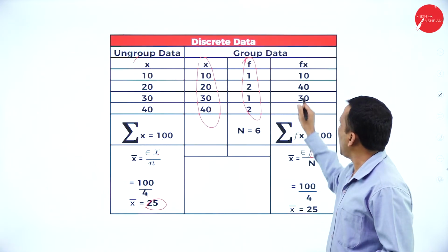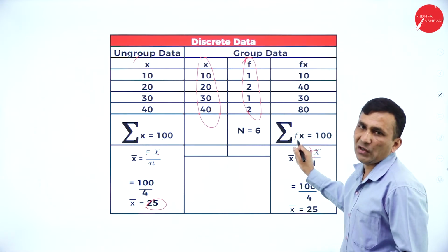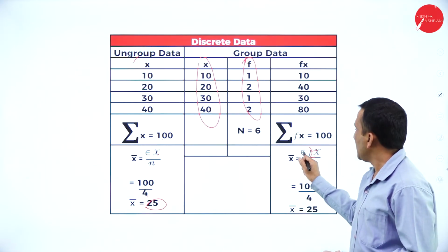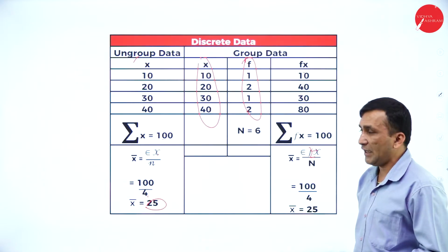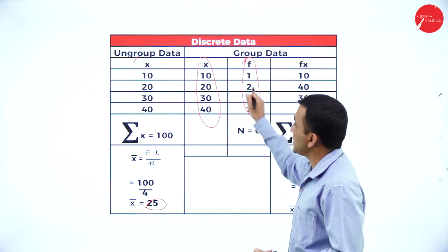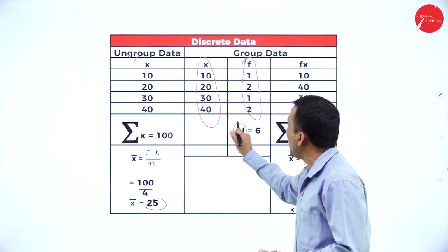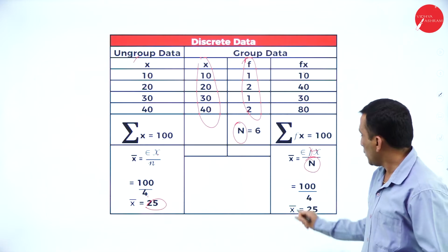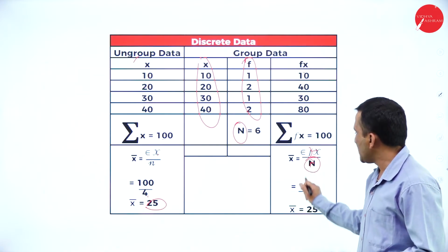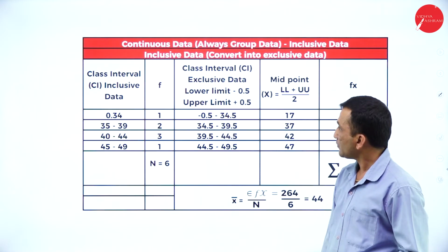If you multiply, you get this value. After taking the summation of all this, now you can apply the formula sigma fx divided by N. Why are we writing N? Because in this grouped data, frequency is given, so we always write capital letter N. After simplification, we get x bar is equal to 25.